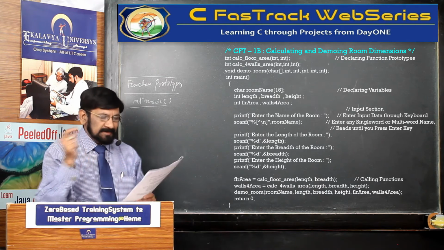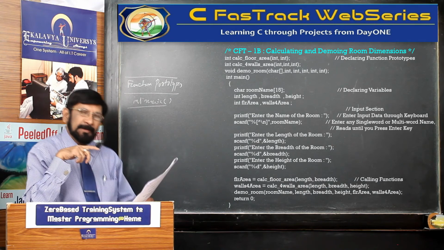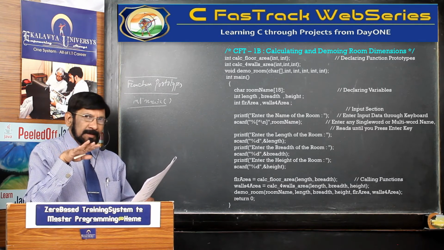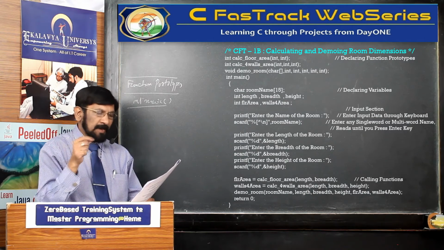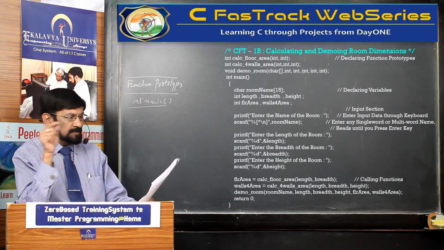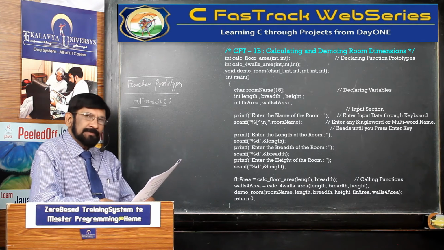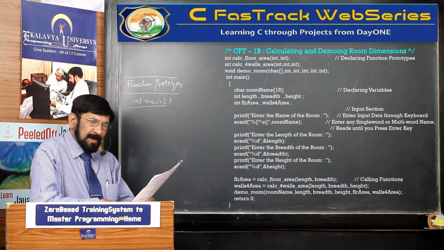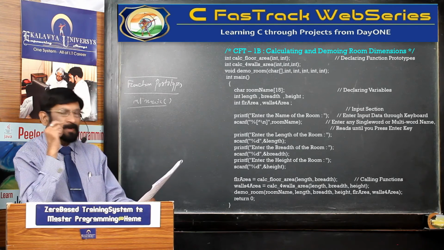Just pass the arguments, actual arguments. These are called actual arguments. What are they? Length and breadth. Then that function is called. In turn, it returns the value. That returned value is stored in floor area. Second one is calculate 4 walls area. Then it is taking 3 arguments: length, breadth, and height. What does it return? The 4 walls area. You are storing it in that.